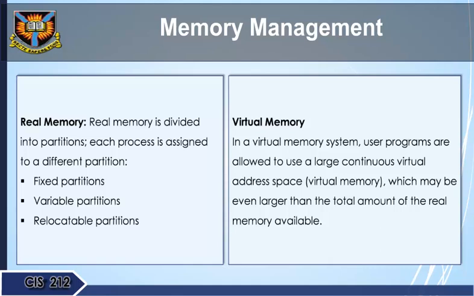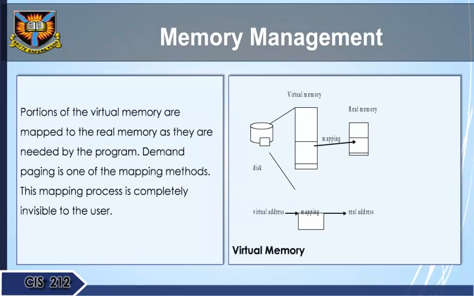In a virtual memory system, user programs are allowed to use a large continuous virtual address space, virtual memory, which may be even larger than the total amount of the real memory available. Portions of the virtual memory are mapped to the real memory as they are needed by the program. Demand paging is one of the mapping methods. This mapping process is completely invisible to the user.